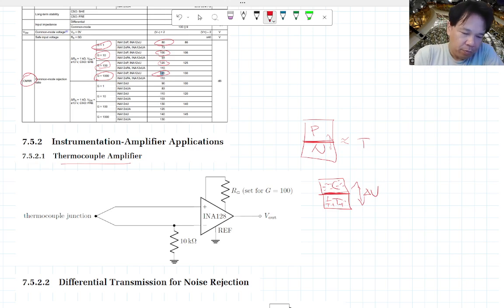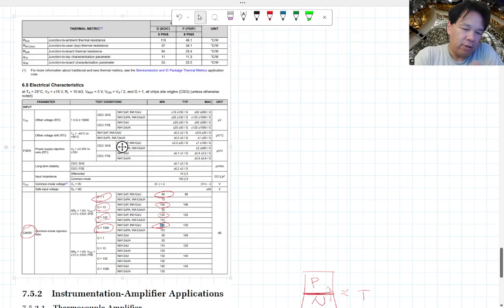And the way you do this is by connecting these to the differential input of an instrumentation amplifier. In this case, I guess they set the gain to 100, for whatever reason. Sorry, RG is the R1 that we have in the derivation.